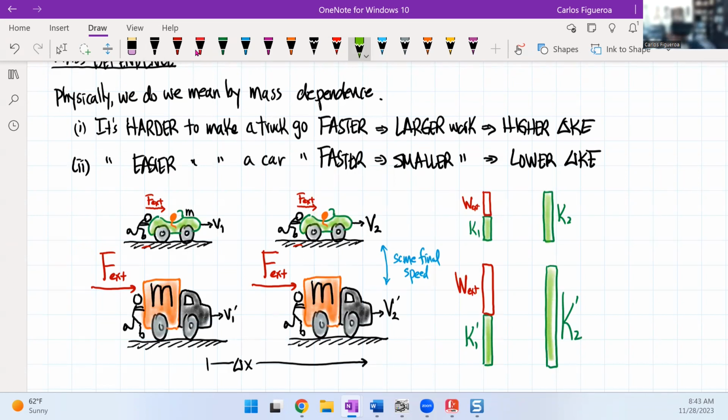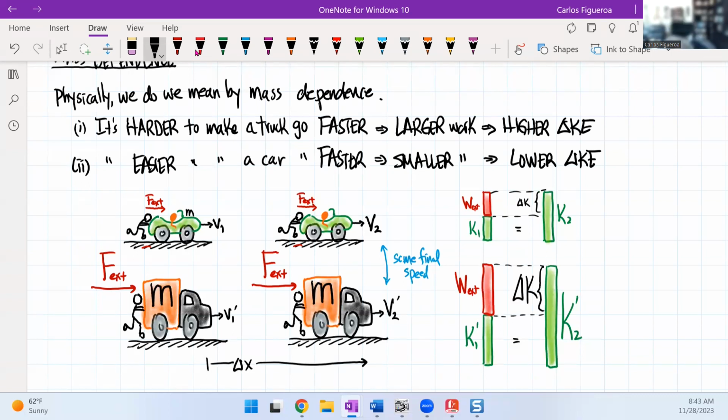But again, looking at individual energies is not a meaningful thing. So what do I have to do? I can only look at the change. And what I see here is that this has a lower change in kinetic energy. This has a higher change in kinetic energy.